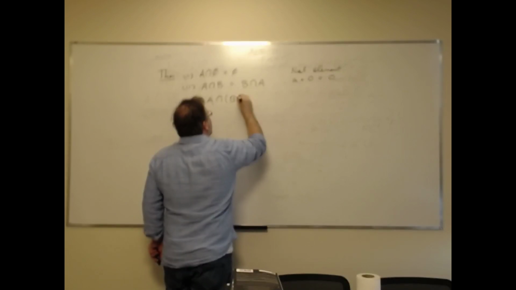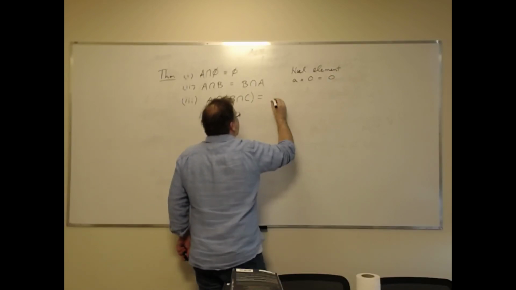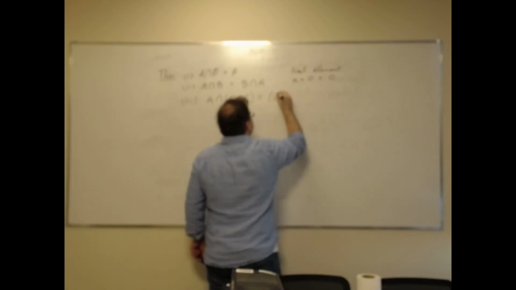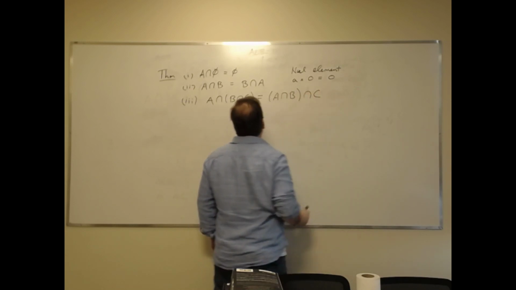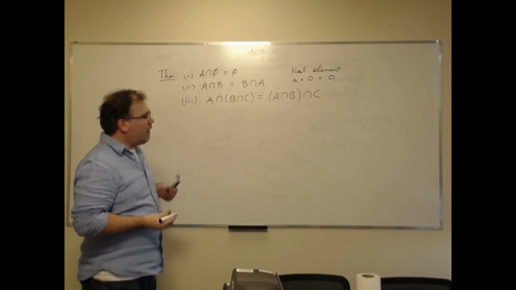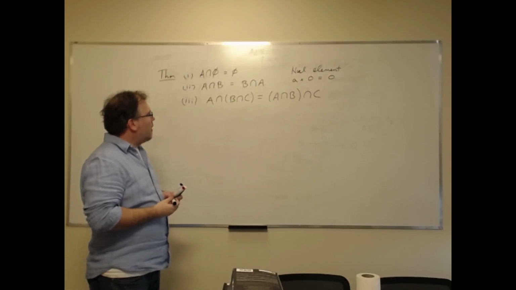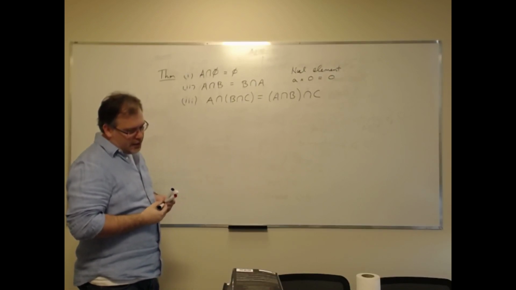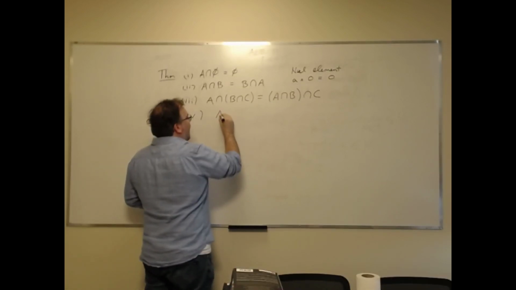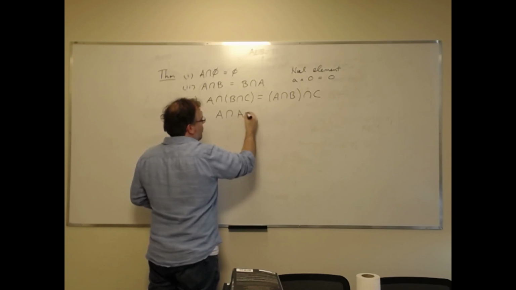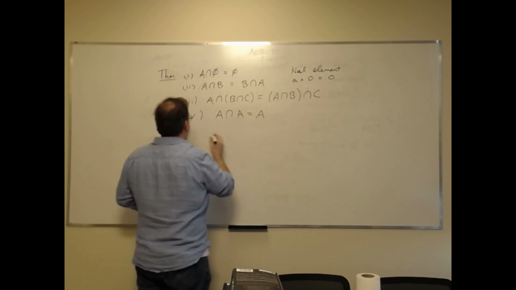Conjunction is also associative. All right. What's the next one? It's the idempotence. So A intersection A just is A. I hope that makes sense.